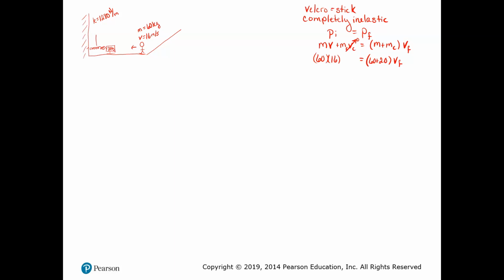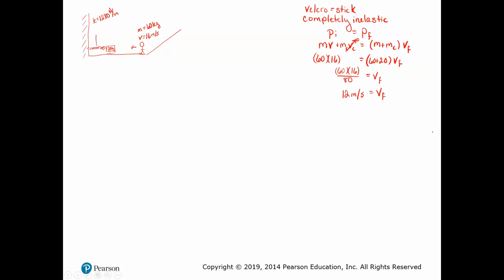So as I work through this mathematically, I have 60 times 16 divided by 80, because that's what 60 plus 20 is. So 60 times 16 over 80 tells me that my final velocity is 12 meters per second when I run that through my random number generator.